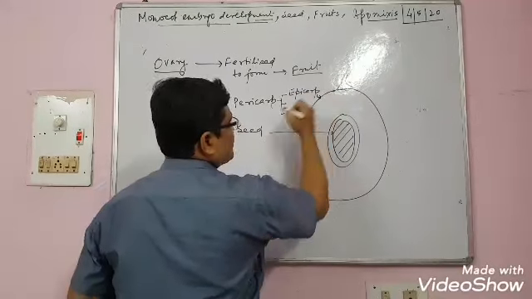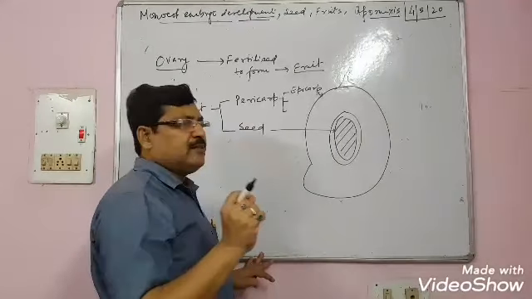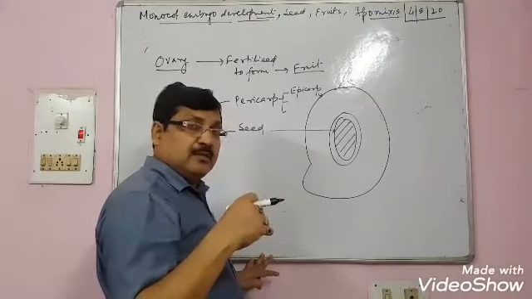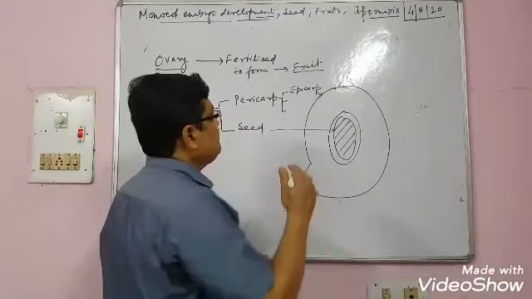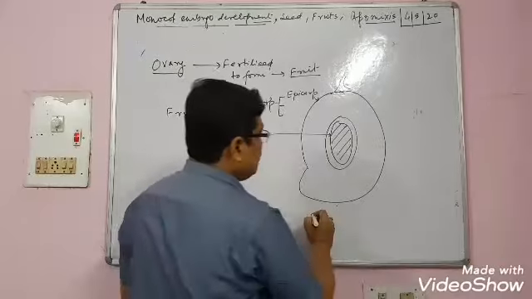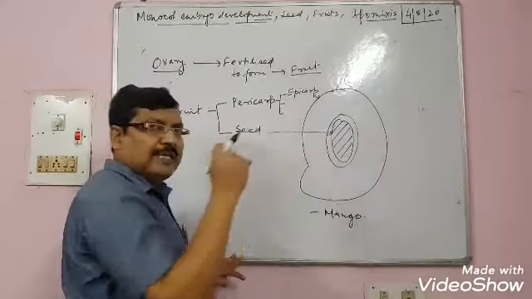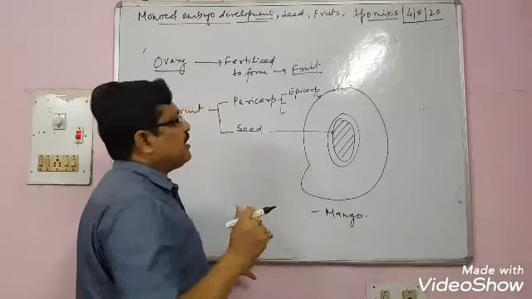Epicarp is the outermost thick covering. It may be thin in the case of tomato and brinjal, whereas this is the longitudinal section of a mango. In mango, a thick leathery epicarp is present.